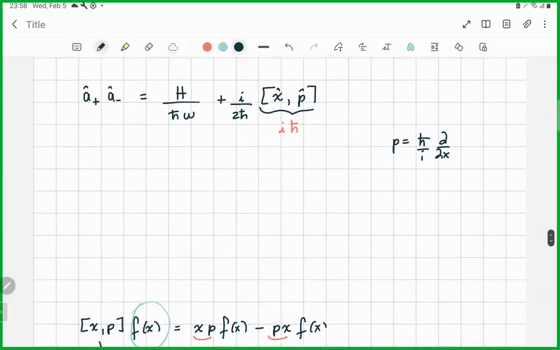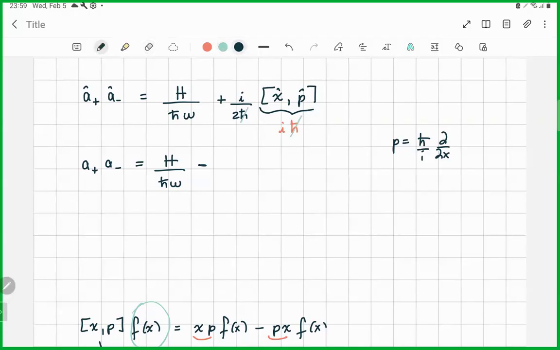So then what we have is a plus a minus is the Hamiltonian that we were after, but with this h bar omega. And then here, let's see what we have. We have i with i. So this gives us a minus 1. We have h bar in the numerator and h bar in the denominator, so we can cancel it, right?